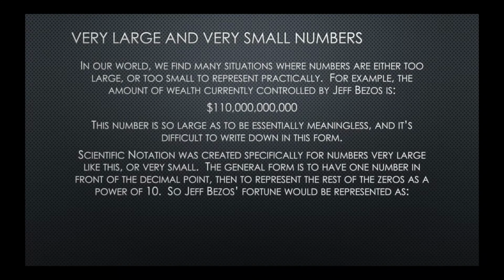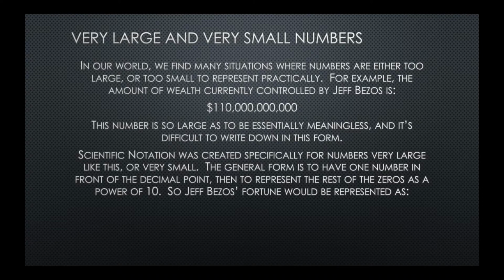scientific notation. Scientific notation was created specifically for numbers like this, like how much money Jeff Bezos has, how many atoms there are in a human body, how many goldfish there are in the world, how many grains of sand on a beach. Any number that you'd like to think about that's very, very large can be represented using scientific notation.